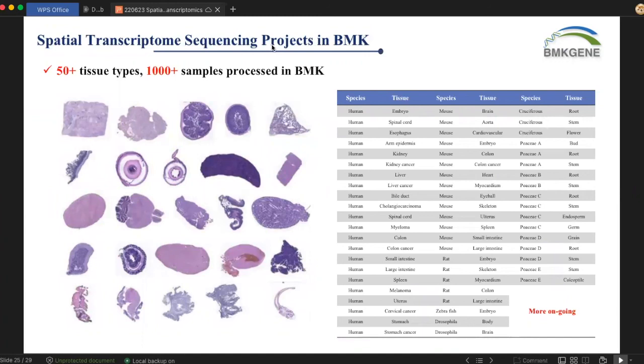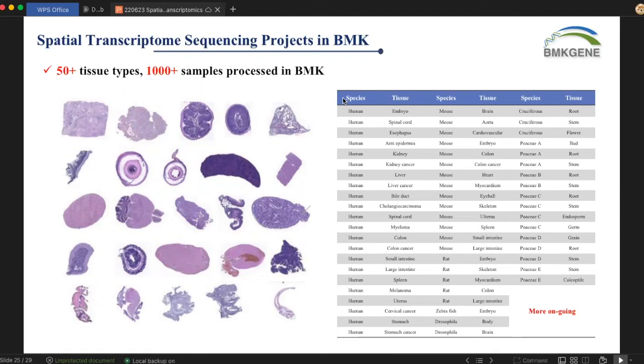Another question is how many genes can be identified per spot? On each spot, normally we are looking for 1,000 to 5,000 genes per spot, and it mainly depends on the tissue type.